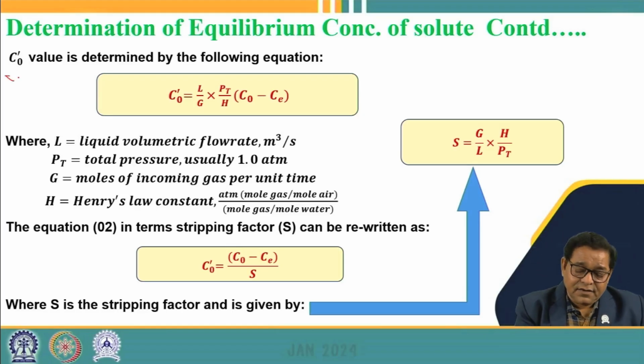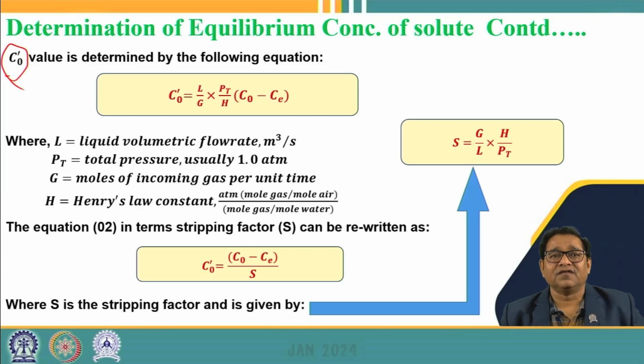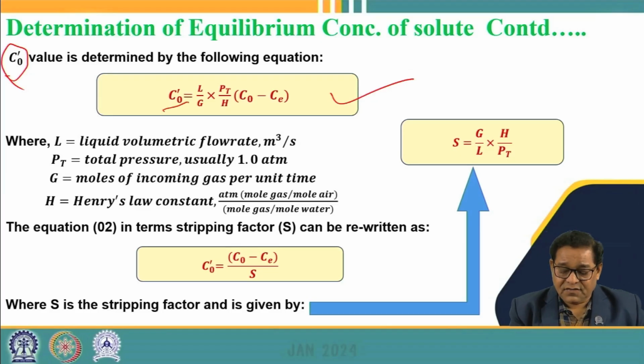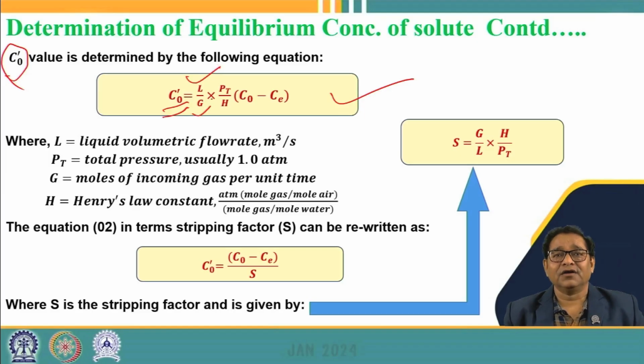And for this, in the previous equation, C dash 0, the equilibrium concentration, can be found by using this equation: C dash 0 is equal to L by G into PT divided by H into C0 minus CE, where L is the flow rate of the water, G is the flow rate of the air, PT is the partial pressure of the solute, H is the Henry's law constant, and C0 and CE are the initial and final concentration of solute in the water.